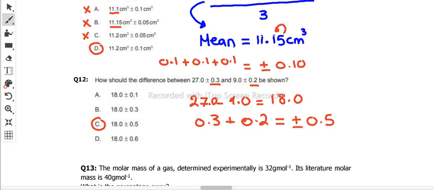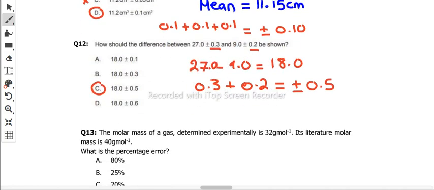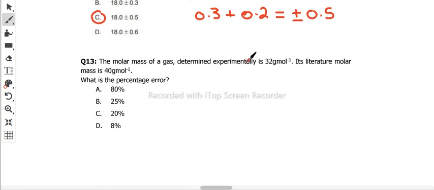Continuing with question number 13. The molar mass of a gas determined experimentally is 32 gram per mole. Its literature value, the actual value, is 40 gram per mole. What's the percentage error? Now we need to remember the rule of the percentage error.